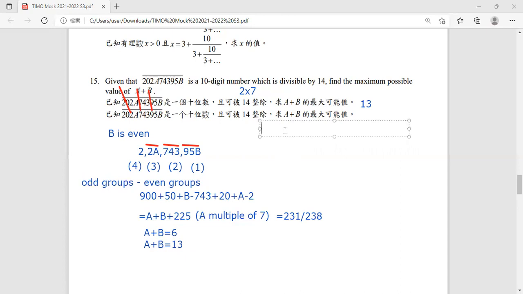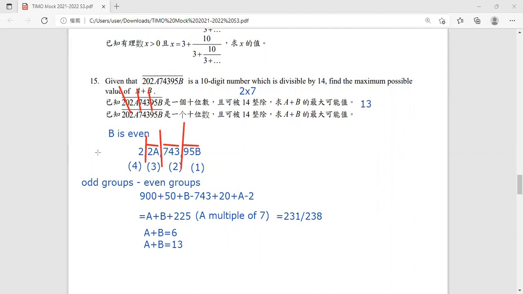Now, if you don't know the method, I will do something like this. For checking if the number can be divided by 7 or not, you chunk the number from the right hand side, each 3 digits. So there will be 95B one chunk, 743 one chunk, and 02A one chunk. But the 0 is discarded, so it's 2A, and the 2 is the last chunk.